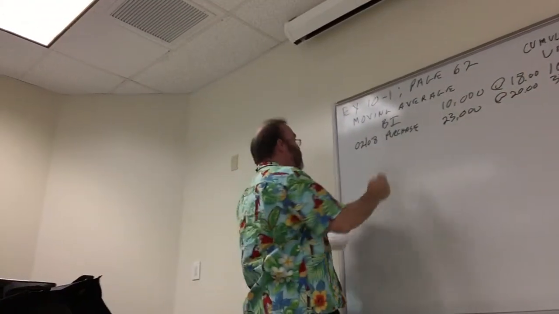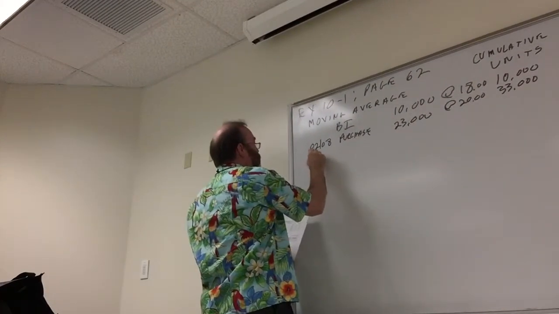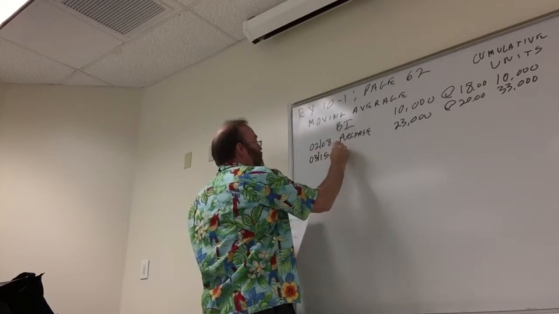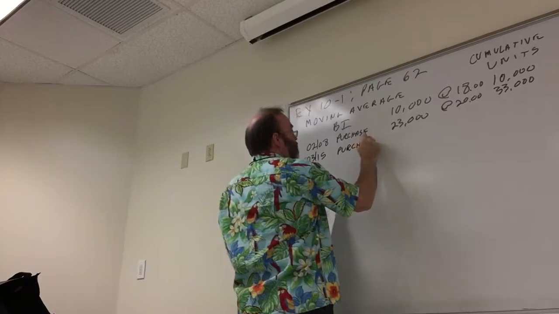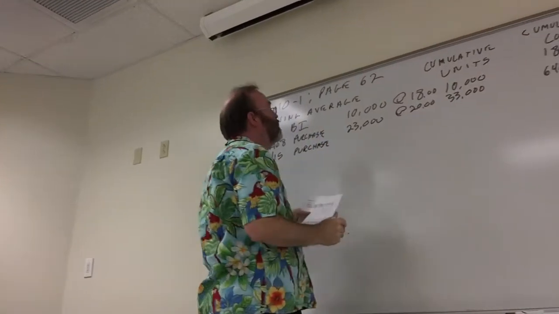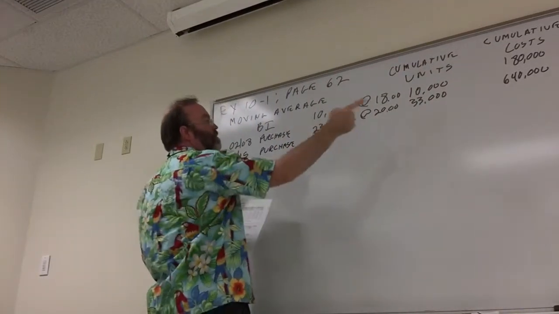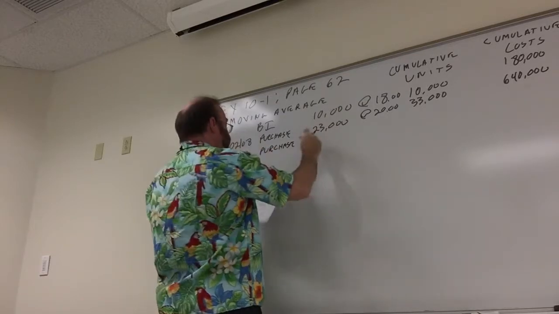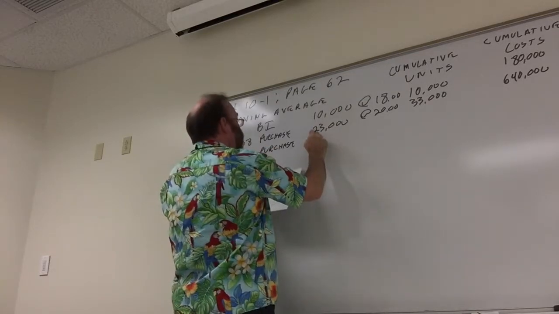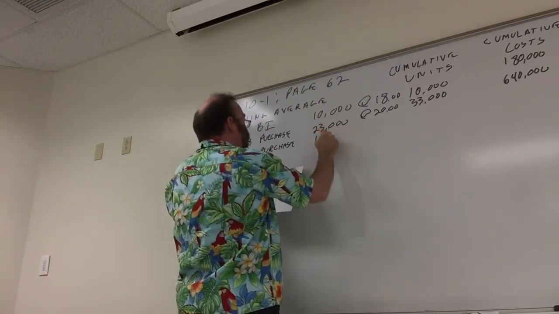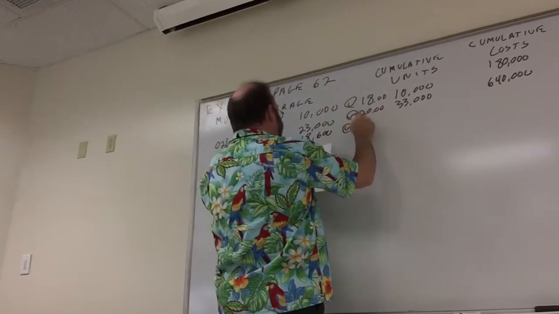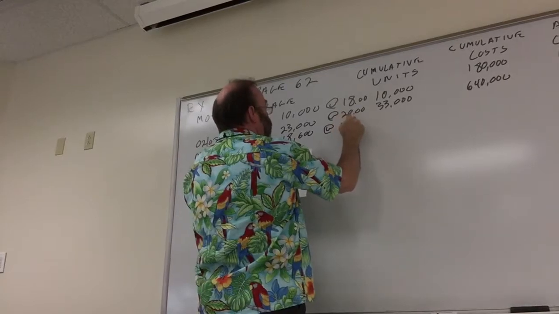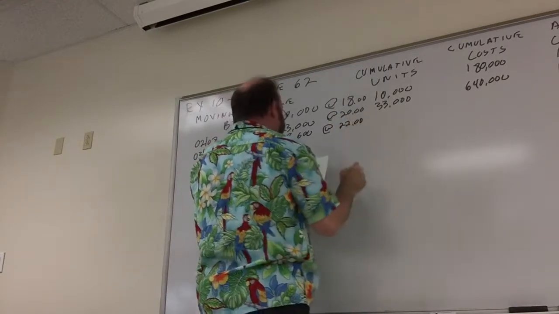On March the 15th, we make another purchase. Okay, the average cost, sorry, $18. Yeah, that was the first one where we started. So we bought another 18,600 units. Now, these are each costing us $22 per unit.